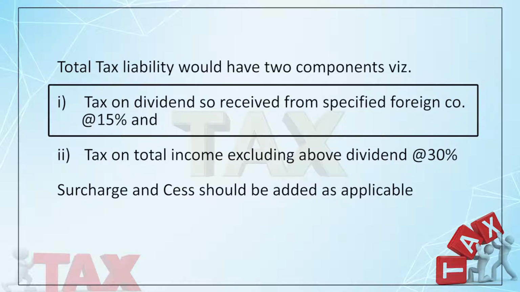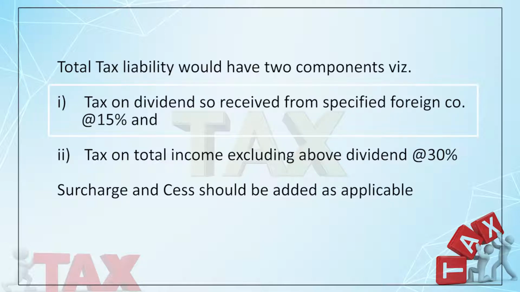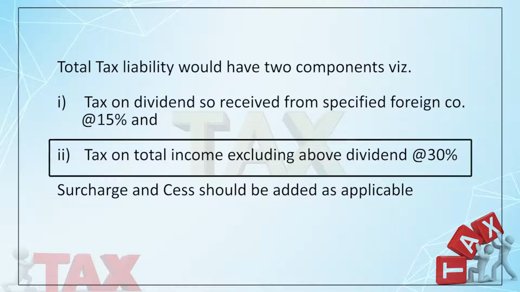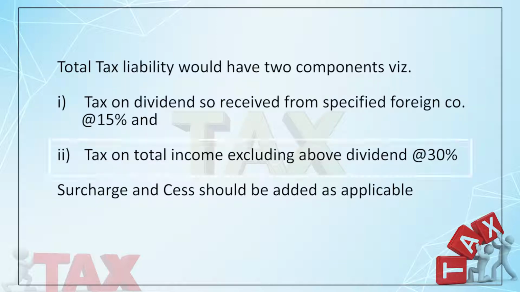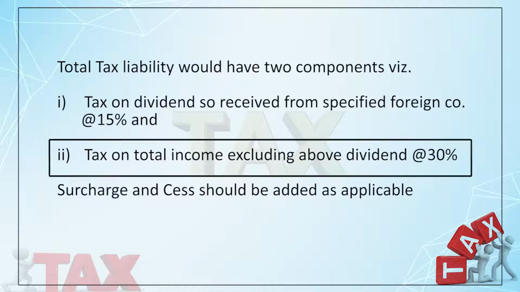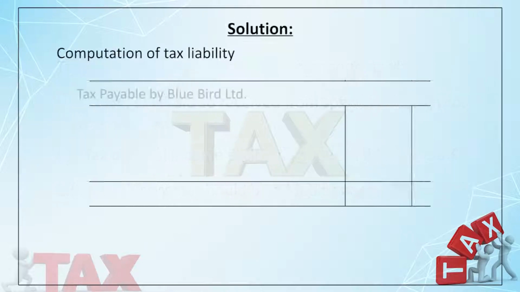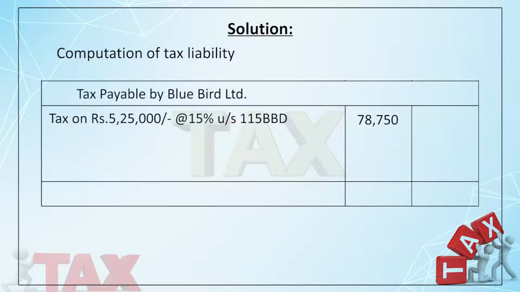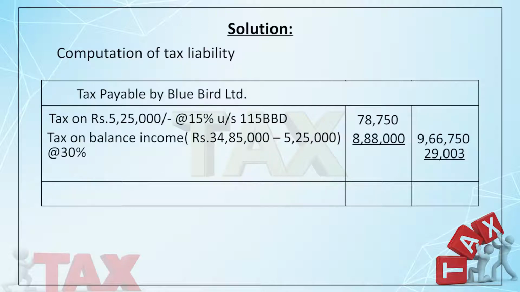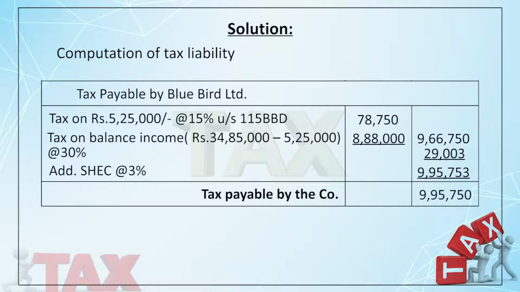One, the tax at the rate of 15% on the dividend received from the specified foreign company, and then you have to apply 30% tax rate on the remaining income. Here, tax on 5,25,000 at the rate of 15% under section 115 BBD, and then the tax on balance income at the rate of 30%, and then the secondary and higher education cess has been added at the rate of 3%. So, this is the amount which will be paid by the company.